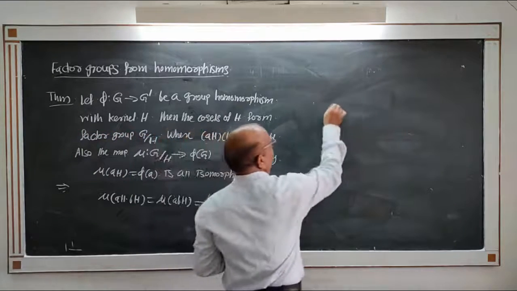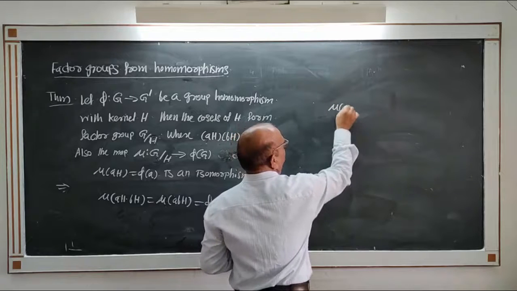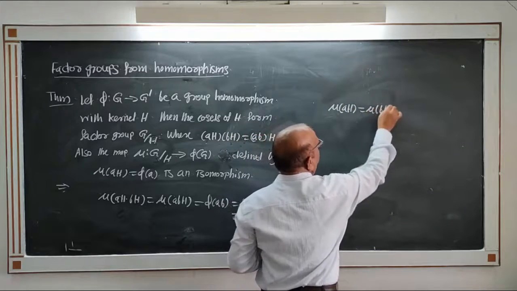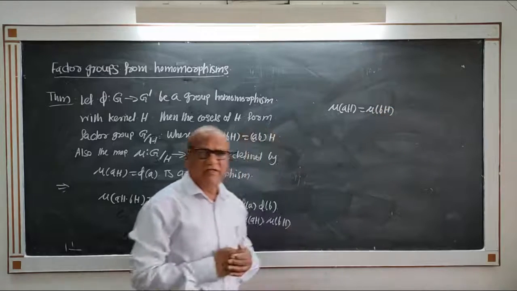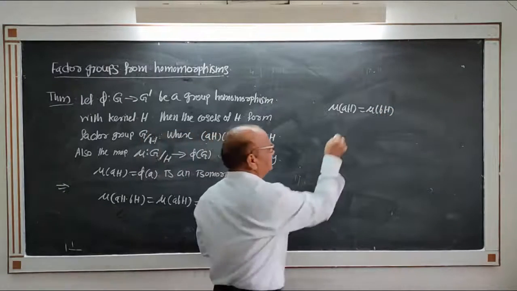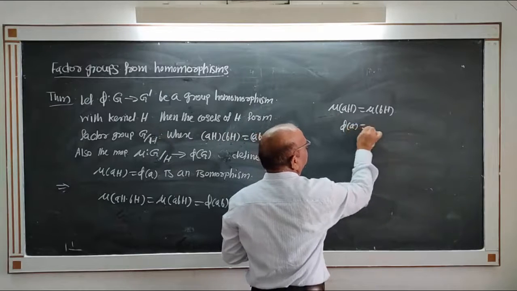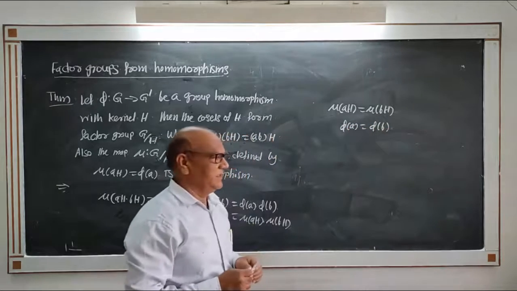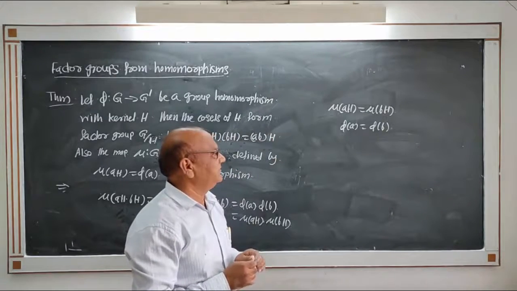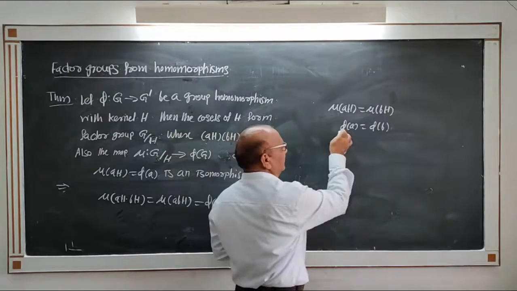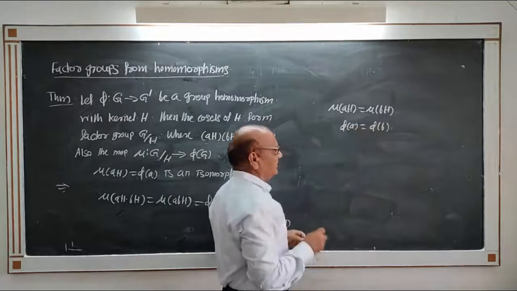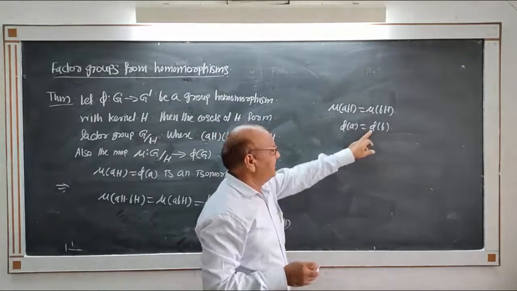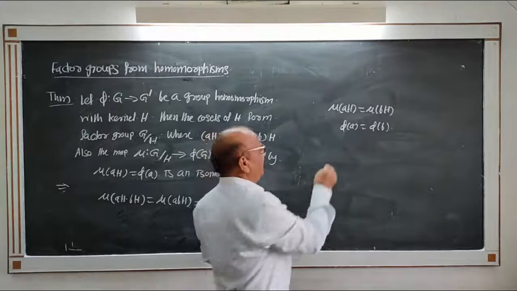Here, if we take mu of AH equal to mu of BH, then this gives phi of A equal to phi of B. We multiply both sides by phi of A inverse.